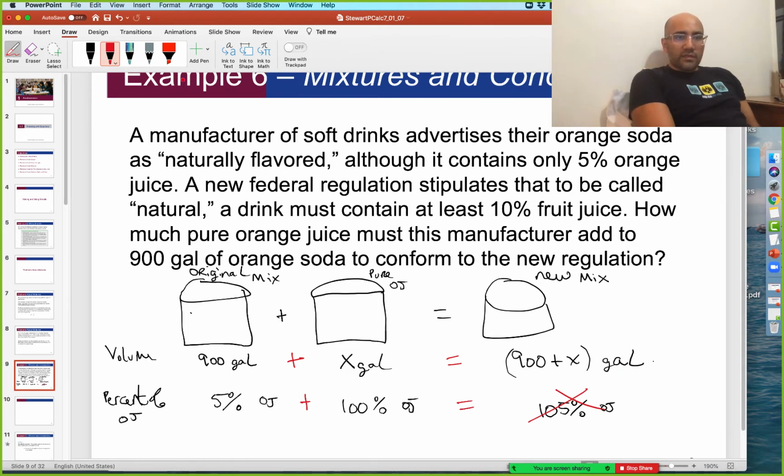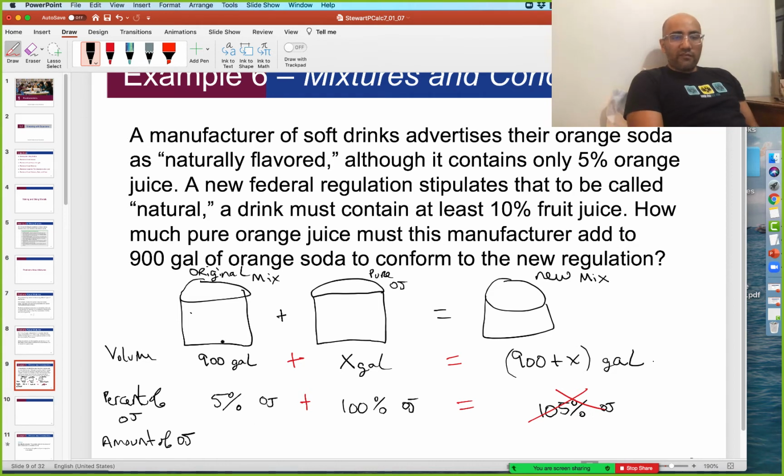Okay, but what does make sense is that we can find the volume of the pure orange juice. So the amount of pure orange juice. Amount of OJ. Okay, so how much actual orange juice is in this ginormous tub of 900 gallons of this mixture?